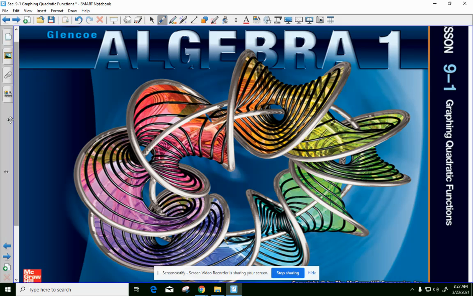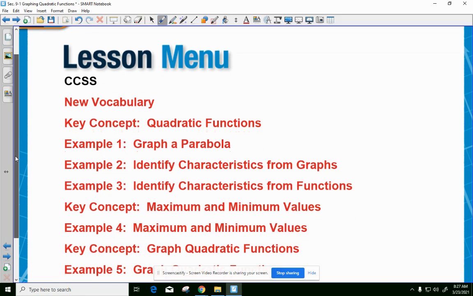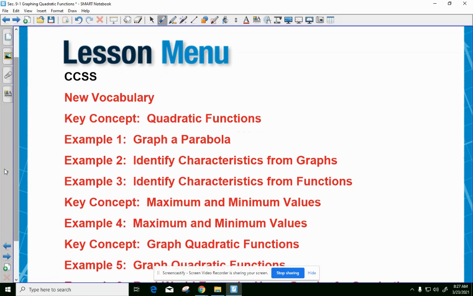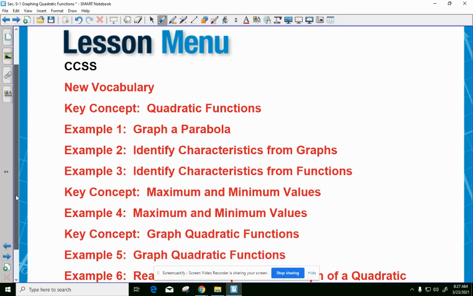So in this section, we're looking at these ideas: can I graph it? What characteristics come from there? This idea of a maximum or minimum. James just talked about that idea, like when I find that vertex, is it the top or is it the bottom? Those kinds of things.